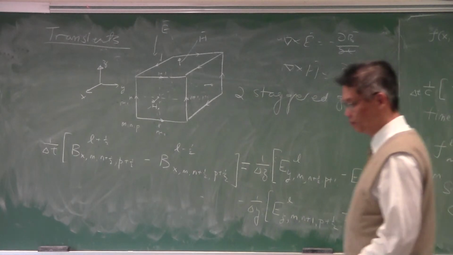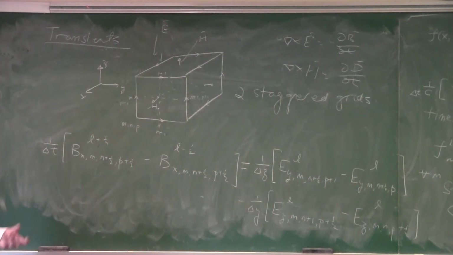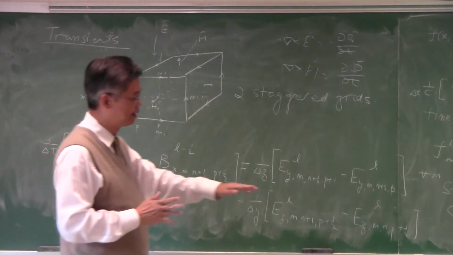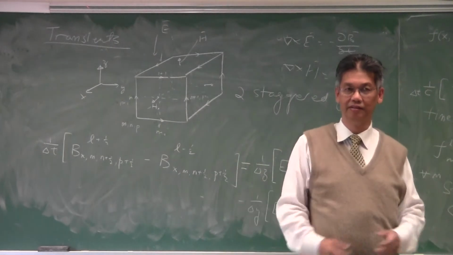And this algorithm is very nice in the sense that it captures the physics of EM waves very well, and there's no low frequency breakdown. You can run this at very long time steps. If you satisfy the stability criteria, you can run it for infinite time, and there's no breakdown.